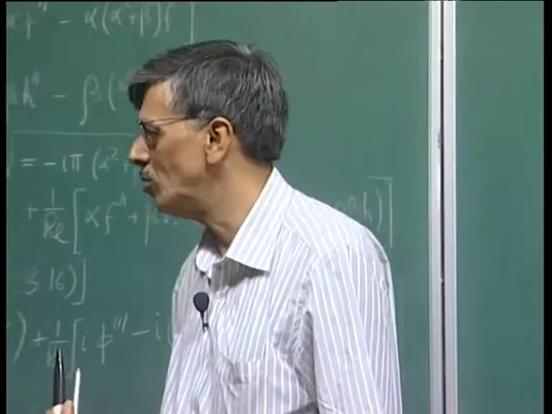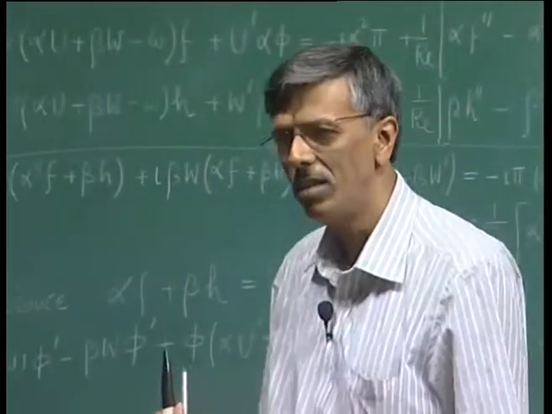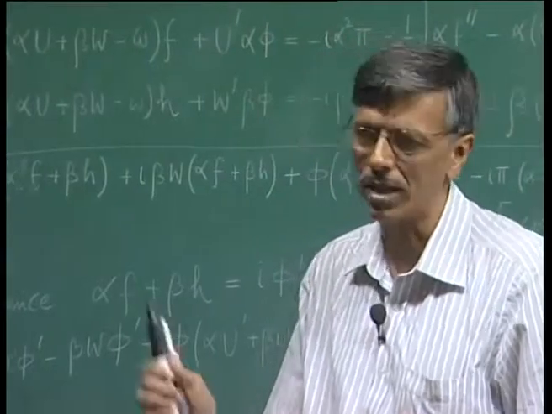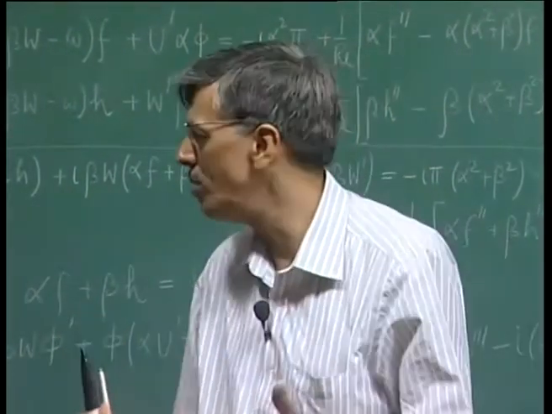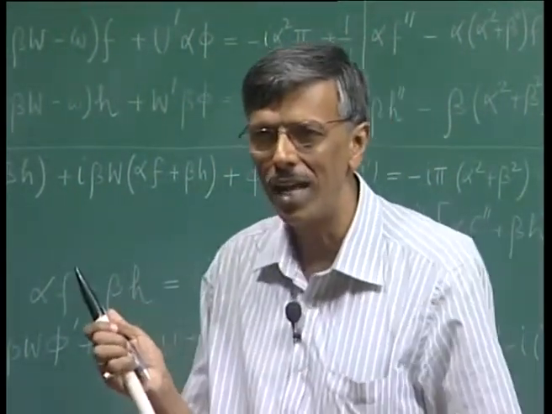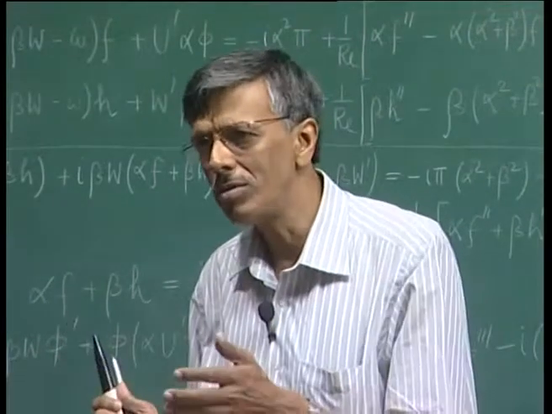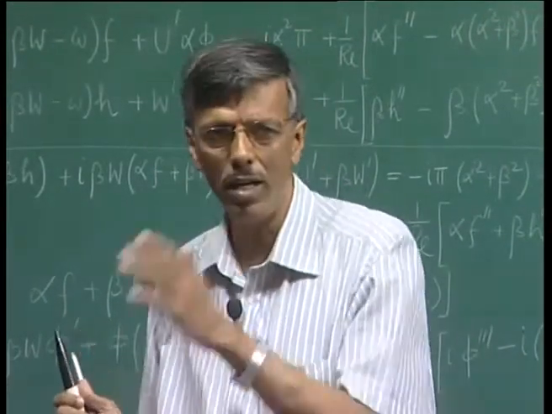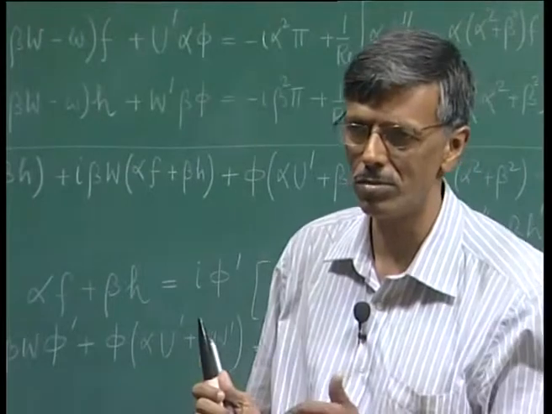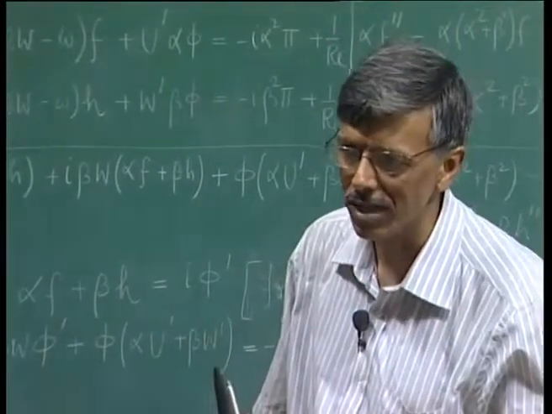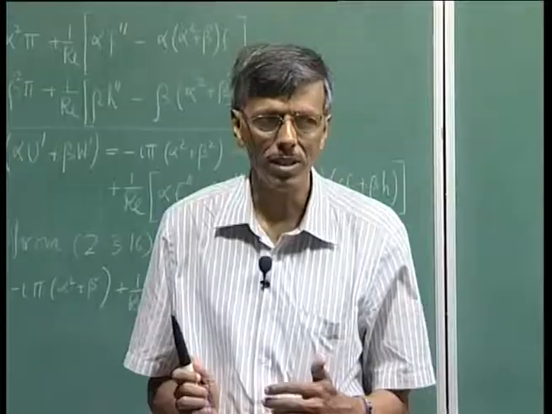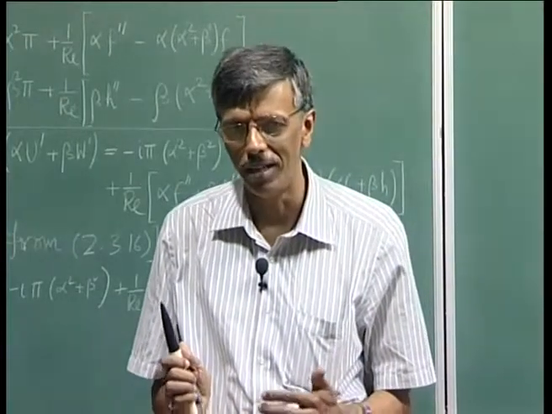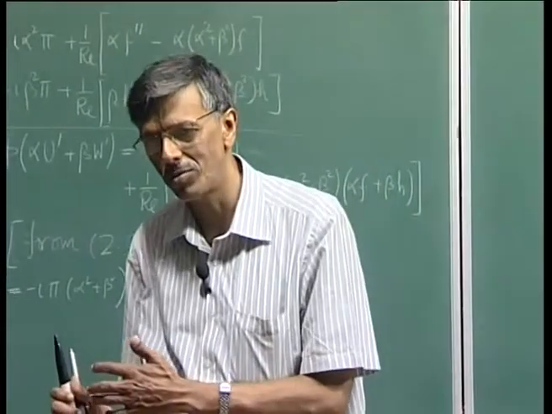So, Squire worked it out and he said that in terms of magnitude, a 2D disturbance field will become unstable earlier compared to a 3D disturbance field. That is the reason I suggested to you that it may not be a good idea to look at the 3D disturbance field.